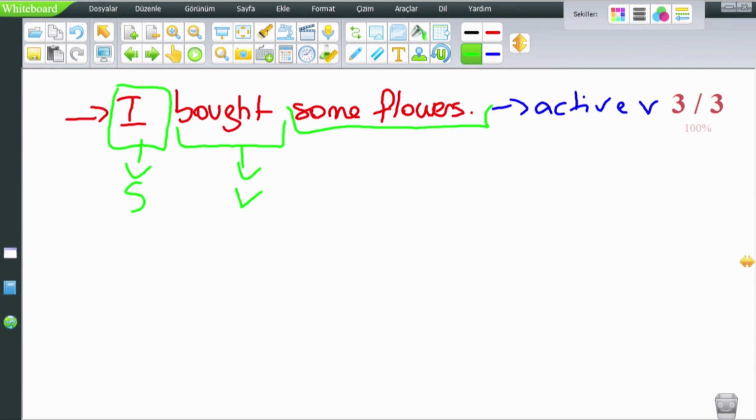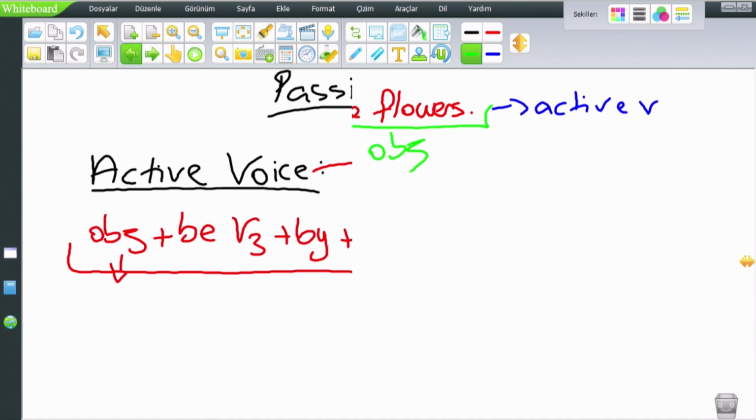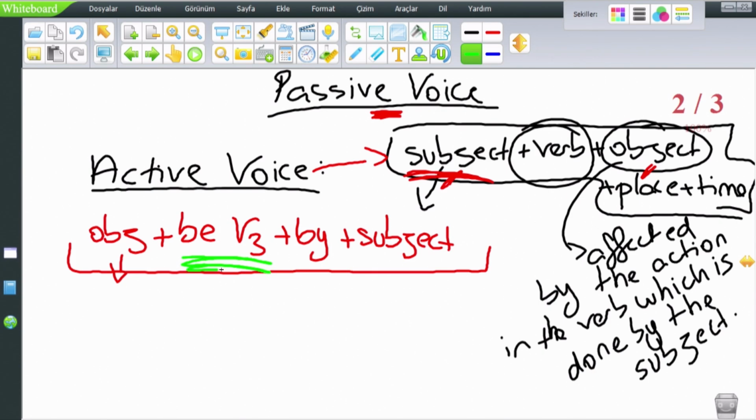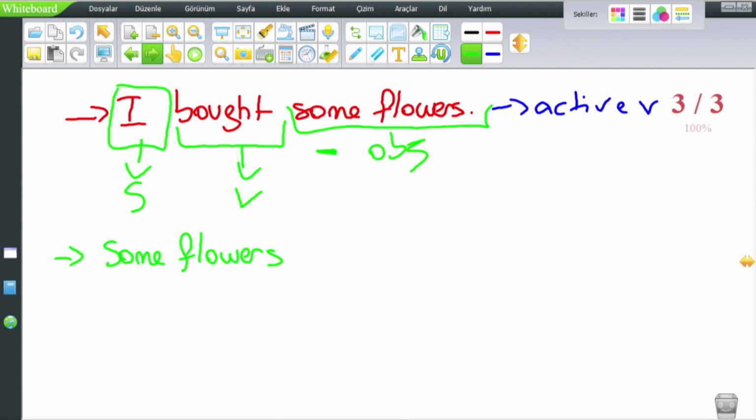And then we have the object, which is affected by the verb in this sentence. Now, I want to switch this sentence into a passive voice one. Our rule is we take the object and put it in our new sentence as our subject. Some flowers. And then, as we have talked here, we use our be verb 3 form as our verb.